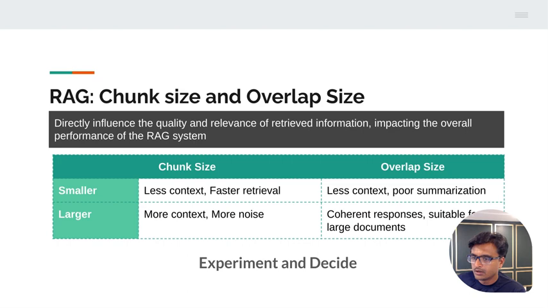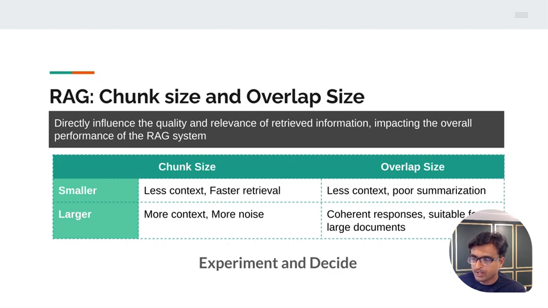Likewise, a smaller overlap size also leads to less context, because you have smaller phrases and less overlap, so the system is not able to understand the proper context and respond to the search query. But having said that, having a smaller chunk size means you have faster retrieval.